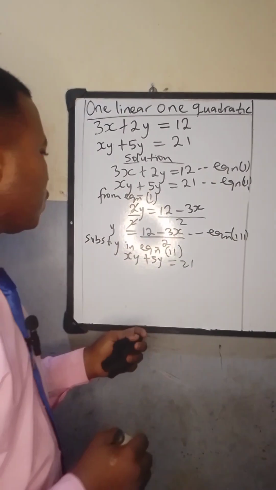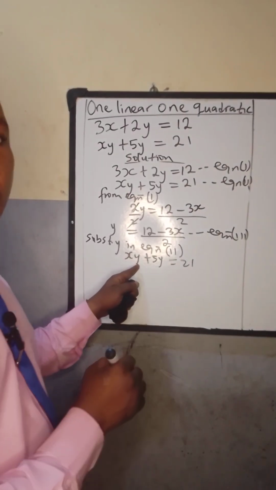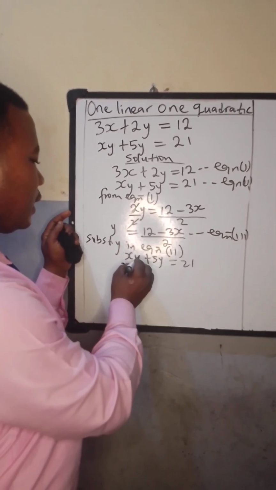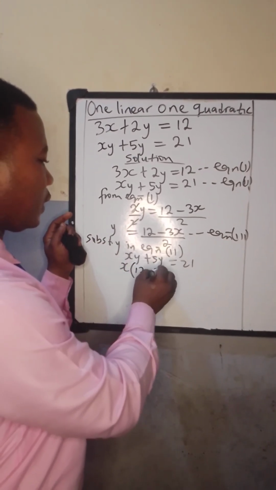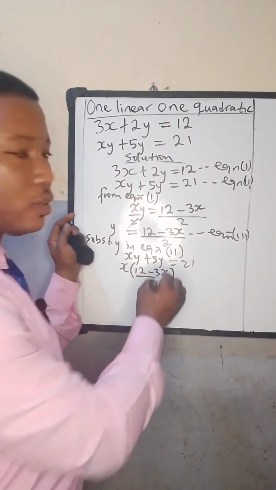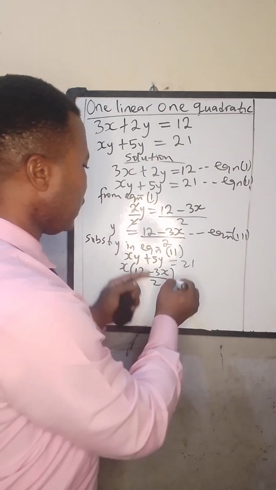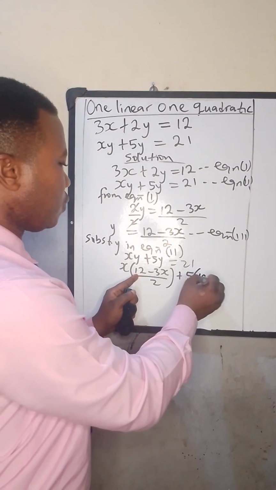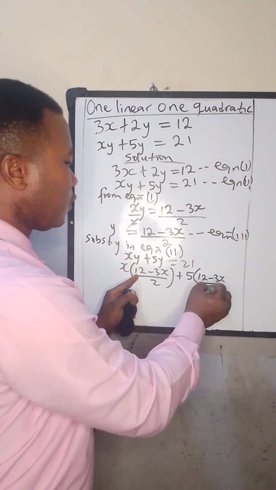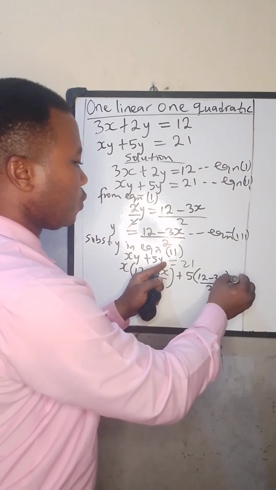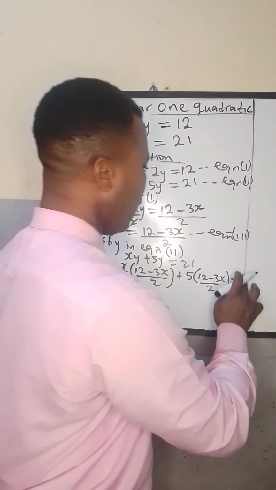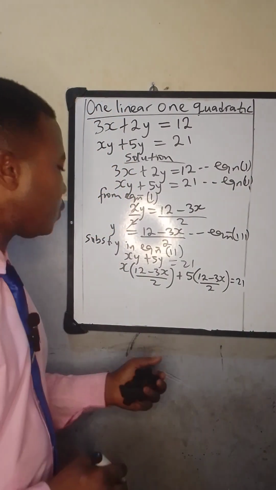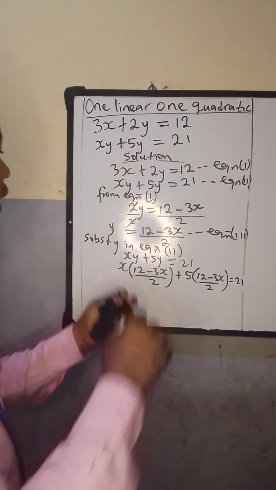Anywhere we see y, we substitute this, which gives us x in bracket, 12 minus 3x all over 2, closed. The same here, plus 5, we also open the bracket, 12 minus 3x all over 2, closed, is equal to 21. Good.